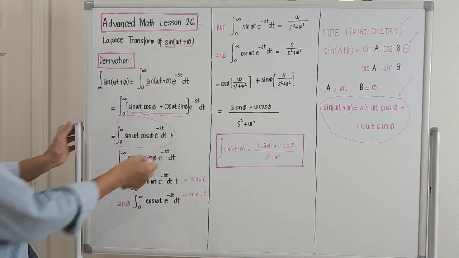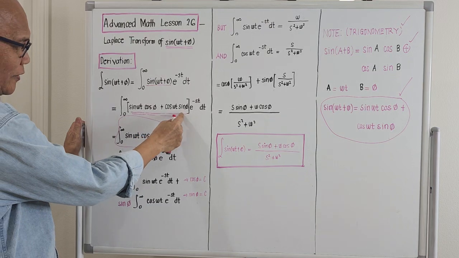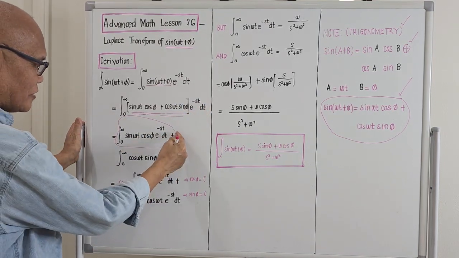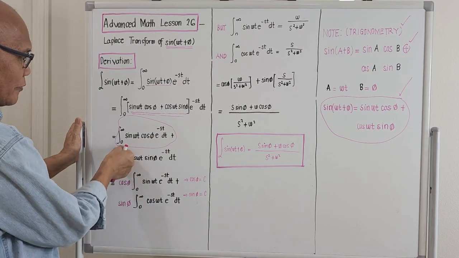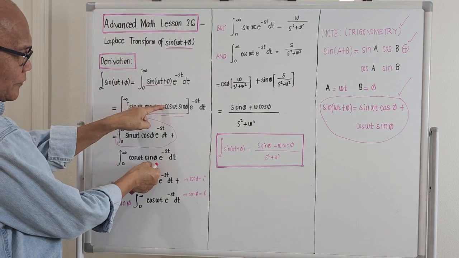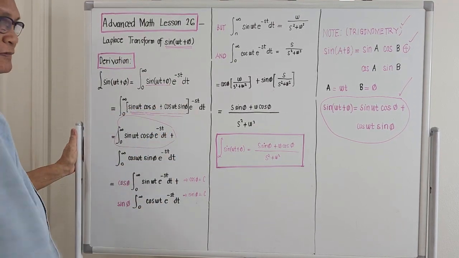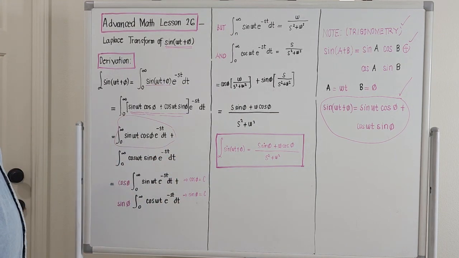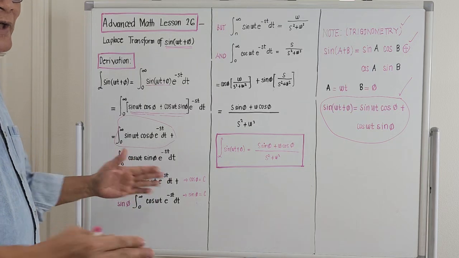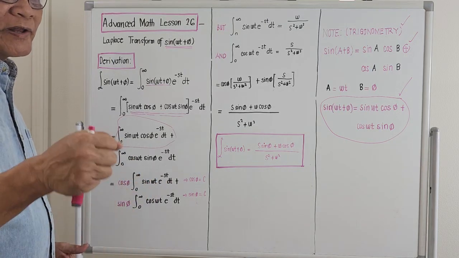And the second part is plus the integral from 0 to infinity of cosine of omega t, sine of angle P times e raised to minus st dt. Okay, we just expand. That's so-called algebraic manipulation. That's why one of the prerequisites is that you must know how to algebraically manipulate.